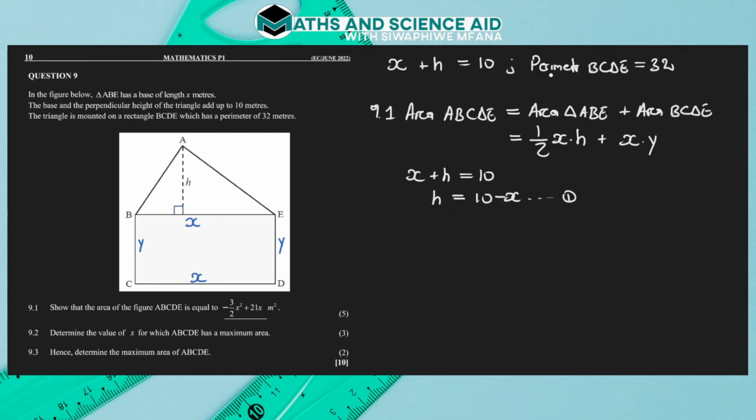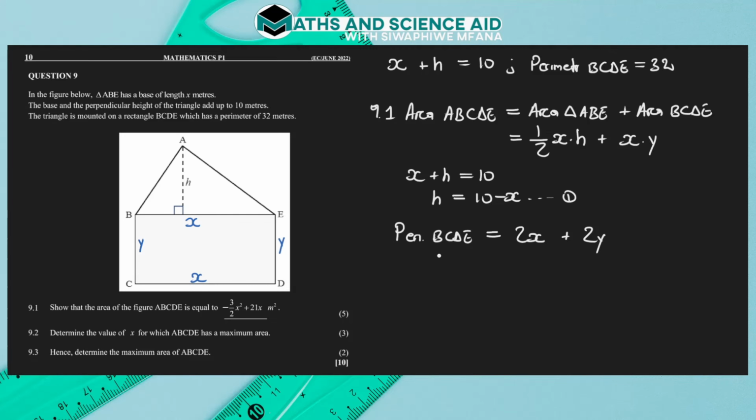For this one, we are clearly going to have to use the information that they gave us about the perimeter of the rectangle. So we know that the perimeter of BCDE will be equal to the sum of the lengths of all the sides, meaning that this is simply going to be equal to 2x plus 2y, because obviously in a rectangle the opposite sides are equal, as we had already noted on the figure.